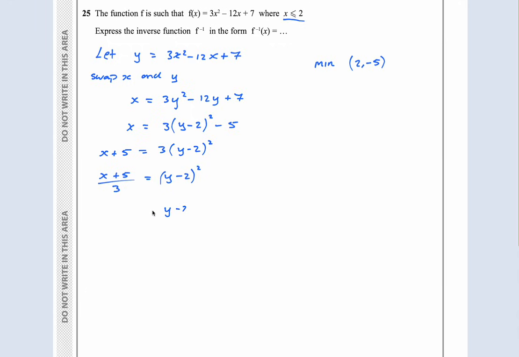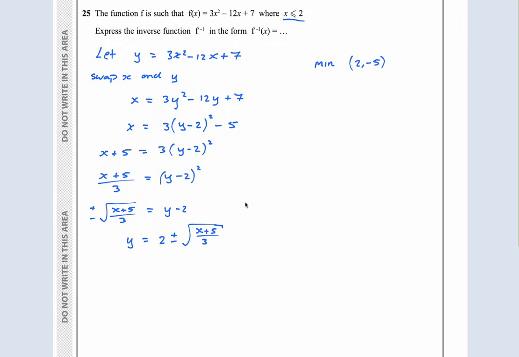Y minus 2 is equal to the square root of x plus 5 over 3. And then finally I'm going to add 2 to both sides. And by the way, guys, this is plus or minus the square root of this. So then y is going to be 2 plus or minus the square root of x plus 5 over 3.